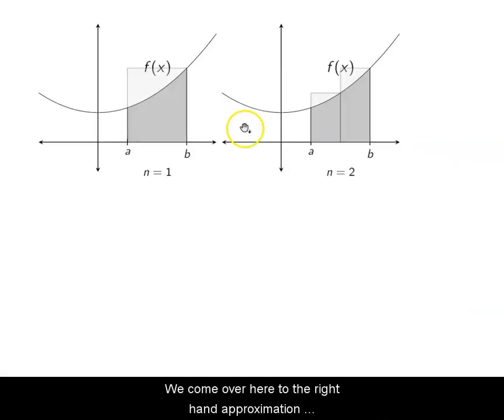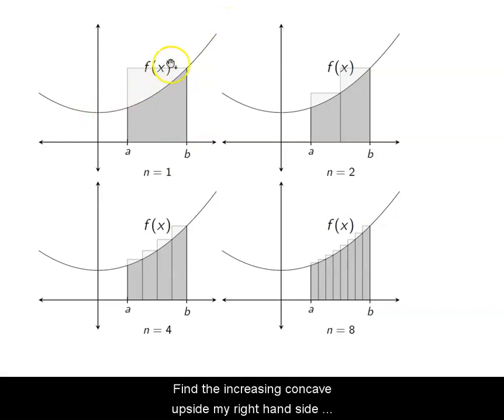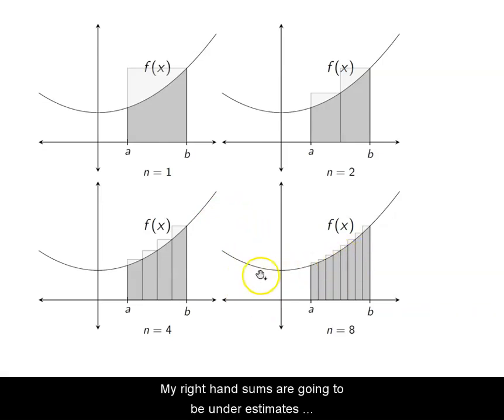If we come over here to the right-hand approximations, the right-hand side now tells me the height. On the increasing concave up side, my right-hand side approximations are overestimates. If I was to come over here and I went up and then I moved to the left, notice that I stay under the curve. So when I am concave up and decreasing, my right-hand sums are going to be underestimates, right?